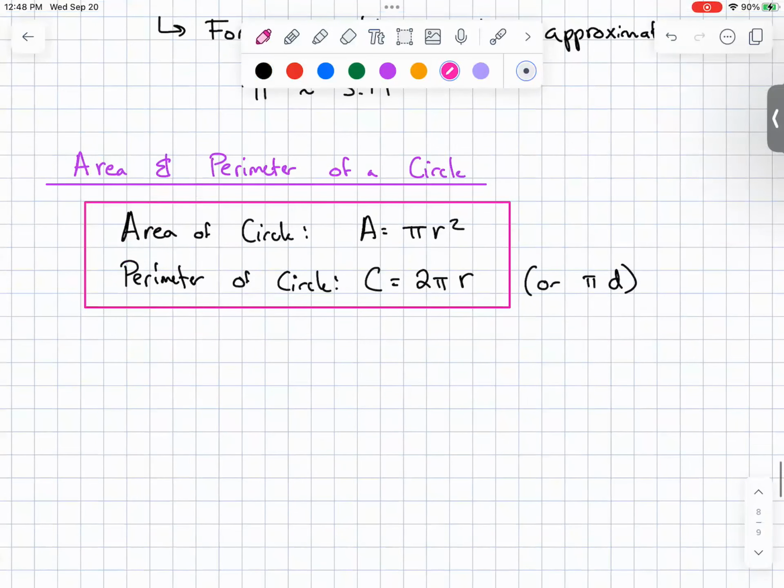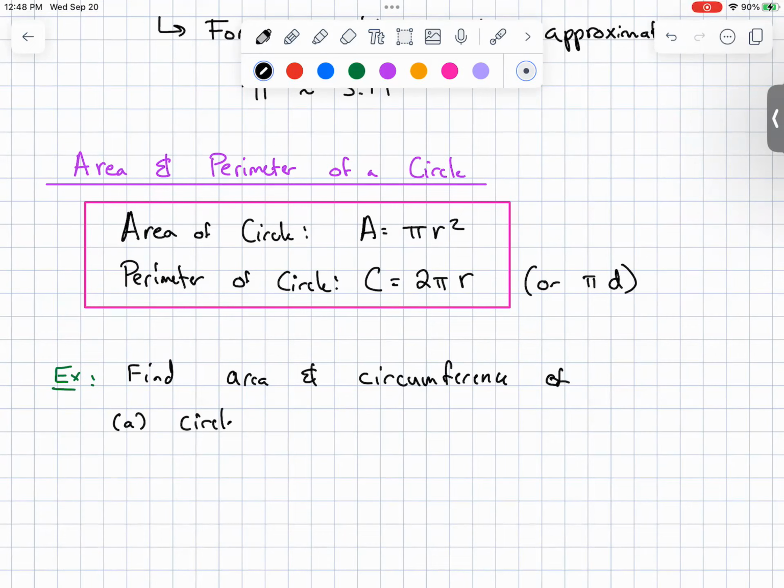So as an example, find the area and circumference. Part A will be a circle with radius 24 centimeters.